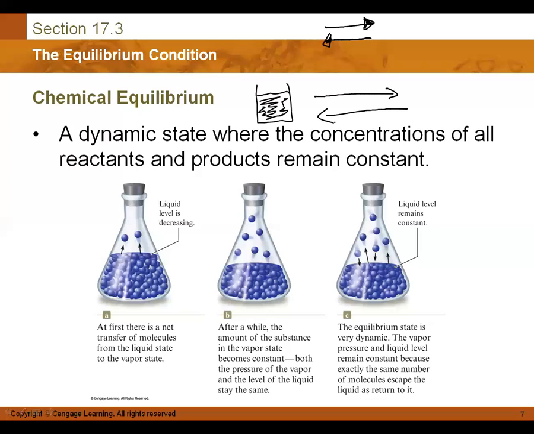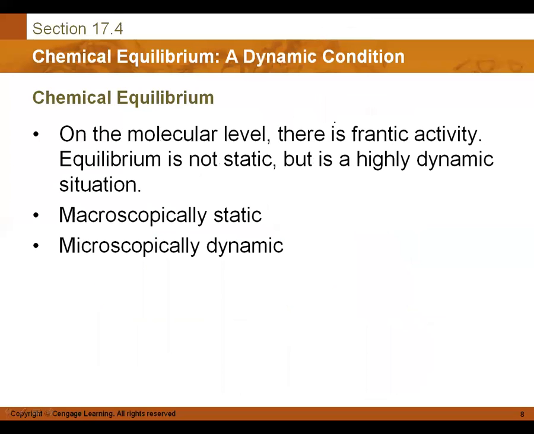So in the big picture, when you look at a beaker, we don't see much happening, but on the microscopic level it is very dynamic.